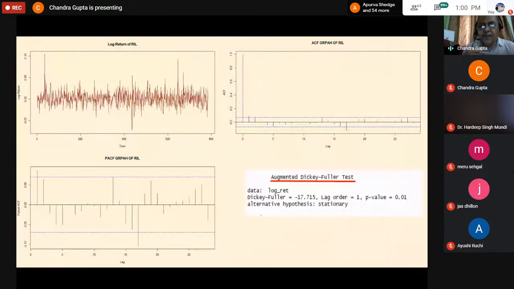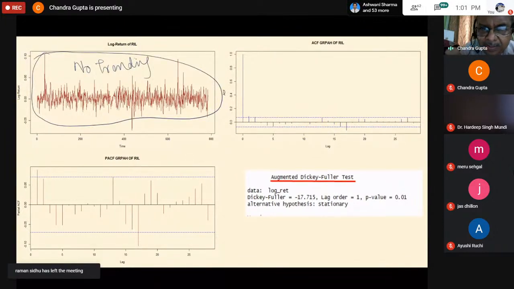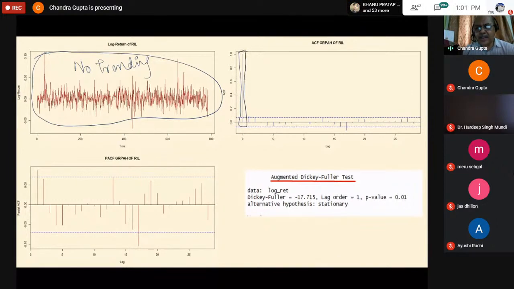Okay, if I take the return of it, log return, I get a series like this. No trend. And look at this ACF. You have a spike to begin with, but after that, autocorrelation is very, very weak. That means memory is not carried forward.